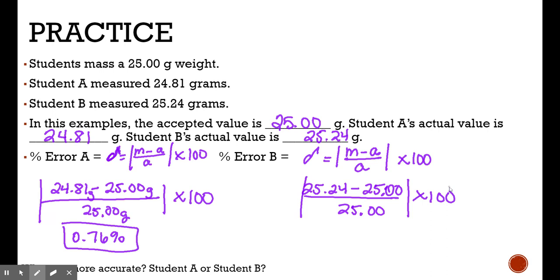The absolute value of that, and then multiply by 100. When you do this part, you should get 0.01. When you multiply by 100, you will get 1%. So, which student has the lowest percent error, or which student is more accurate? Student A.